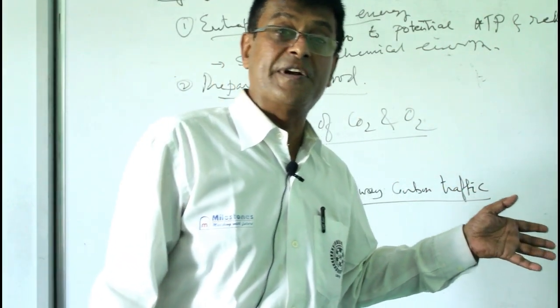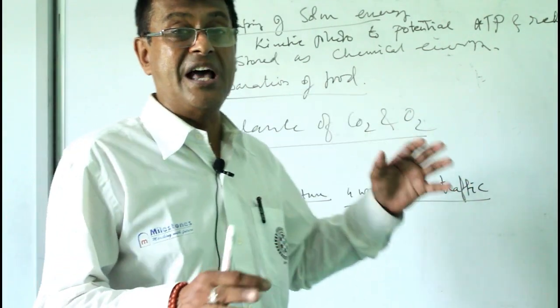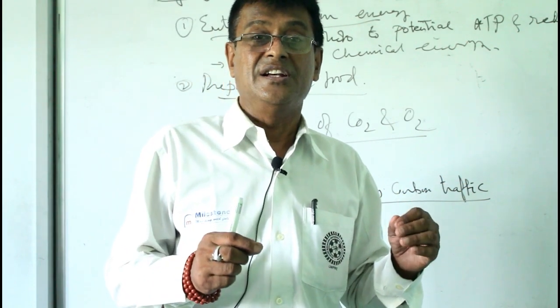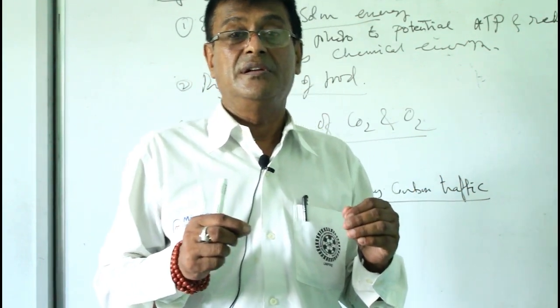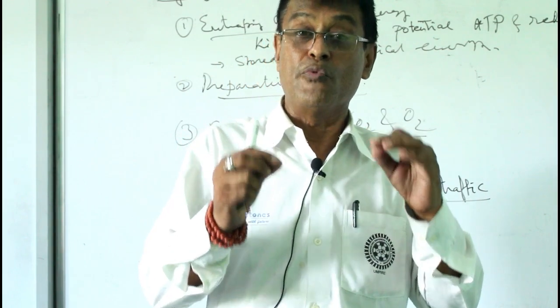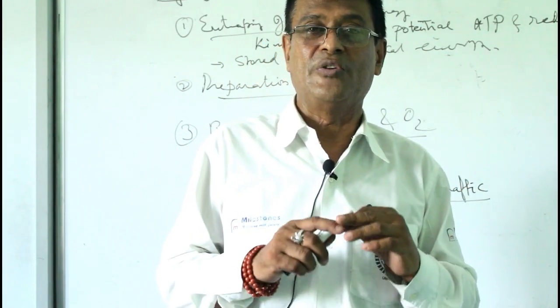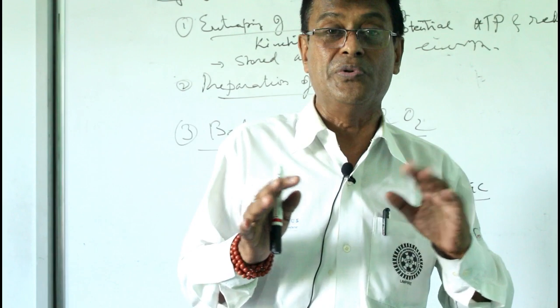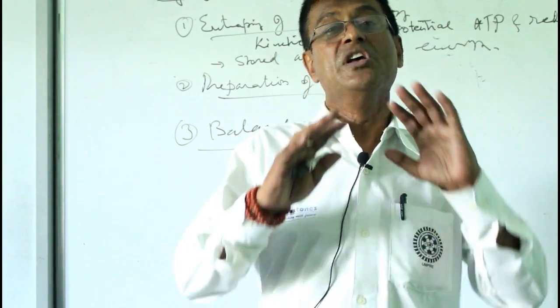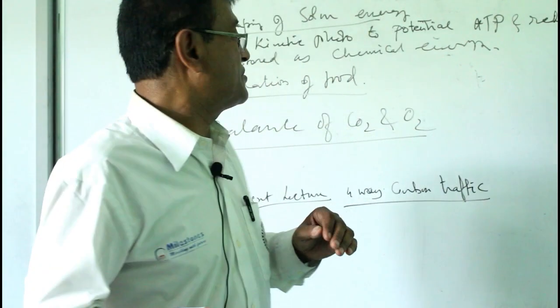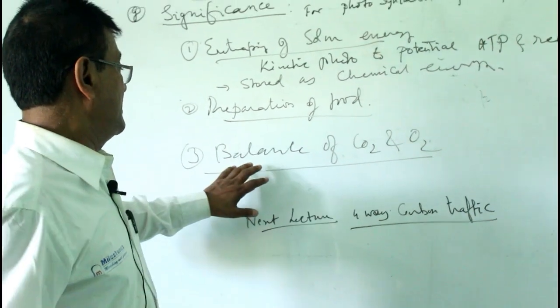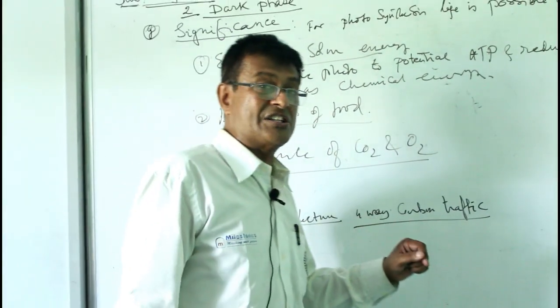So all this preparation supports civilization, and if photosynthesis lapses, the civilization will decline, but it is not going to happen because nature has the boon to keep the green plants alive, so we will stay alive also. On the other hand, there is another point, the balance of carbon dioxide and oxygen.